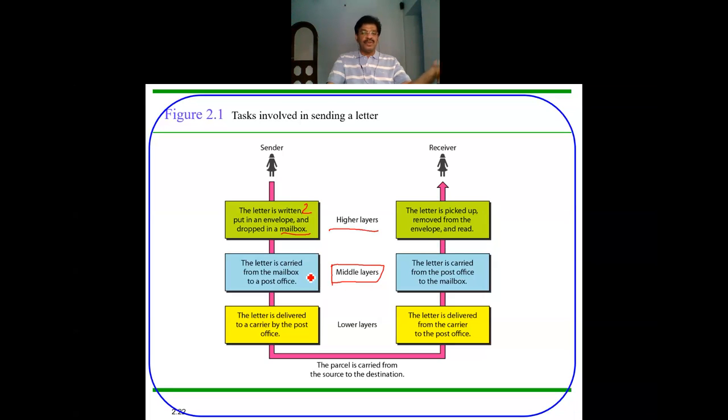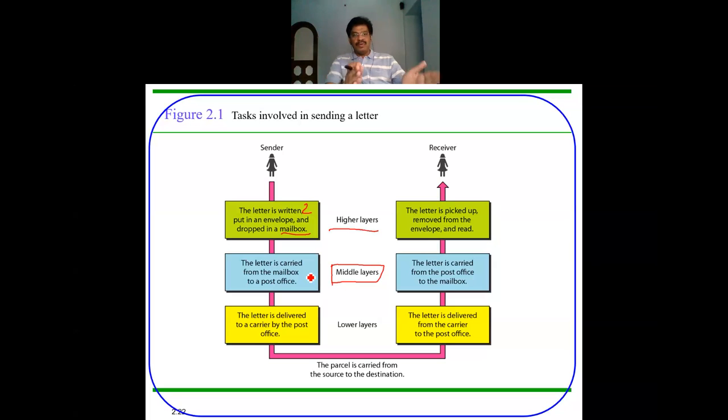At the post office, which is at a lower, physical layer, the letter will be carried with a proper communication media. That communication media may be a bus, a train, or airmail if the distance between the sender and receiver is quite large.